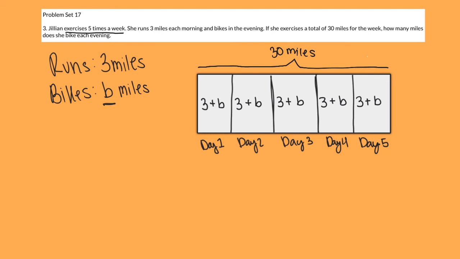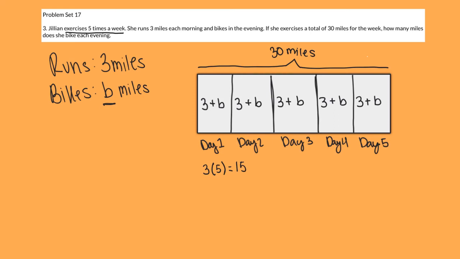Now, to find B, what we need to do first is calculate how many miles of running she does per week, because that's what we know. So if she runs 3 miles per day and she exercises 5 days a week, I'm going to set up 3 times 5. 3 times 5 is going to give me a total of 15 miles that she runs.